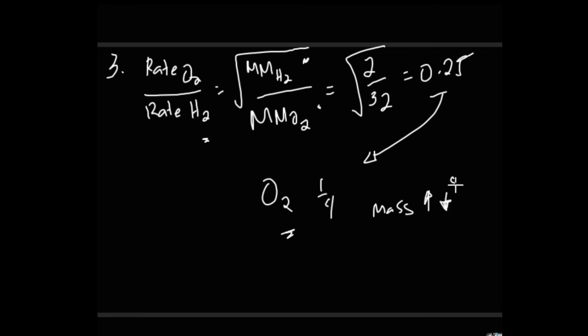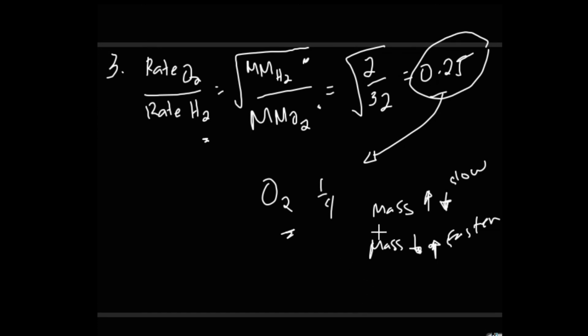The lesser the mass, of course, the faster it will move. So you can predict it before you mathematically prove it. So again, this value tells us that oxygen gas moves 1/4 times slower than the hydrogen gas.